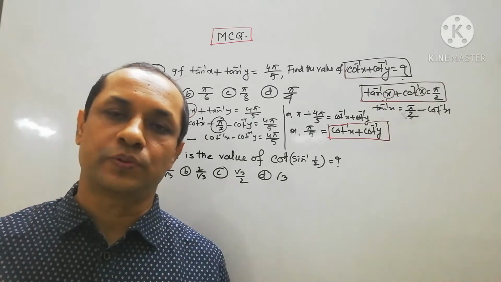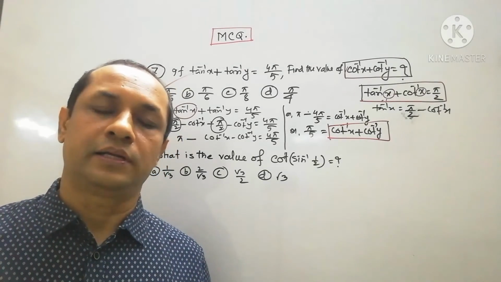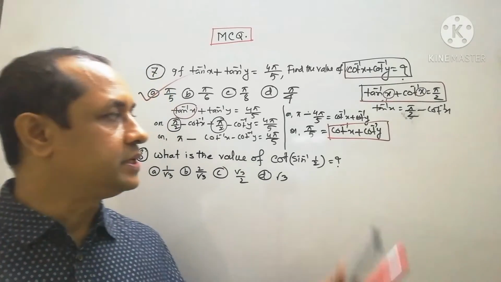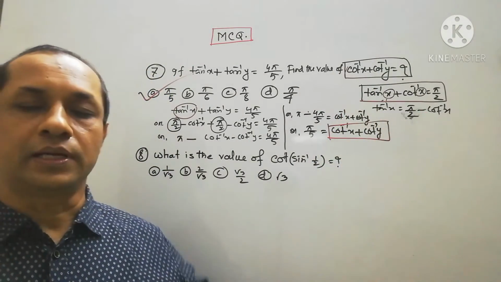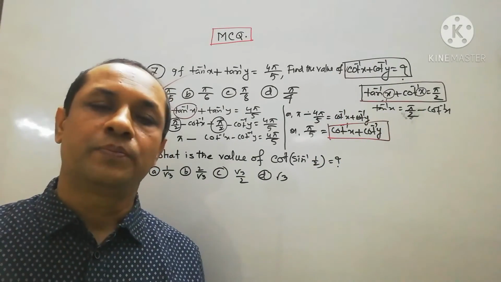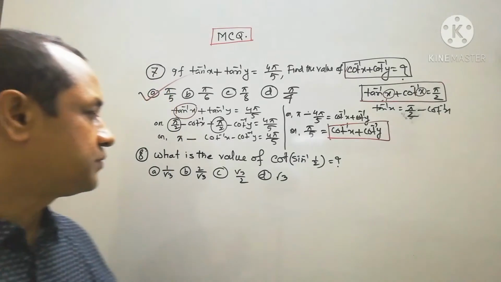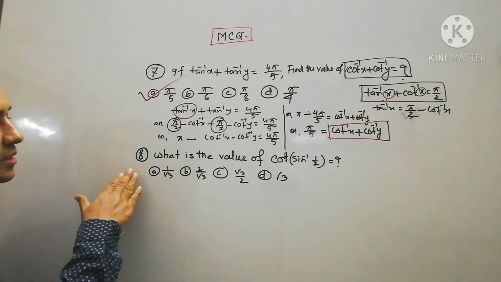I hope you are clear. Student, memorize it: tan inverse x plus cot inverse x equals pi by 2. This is the formula.